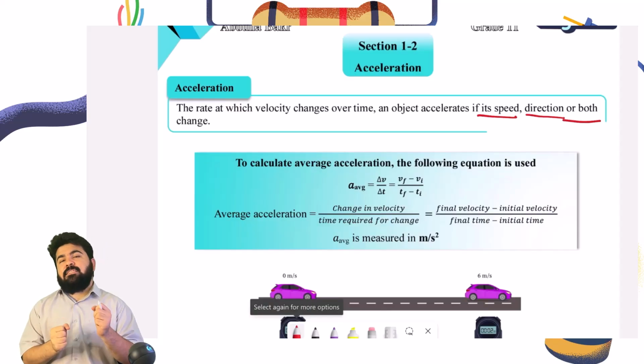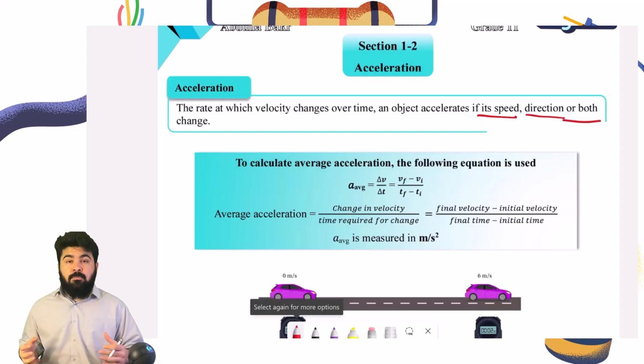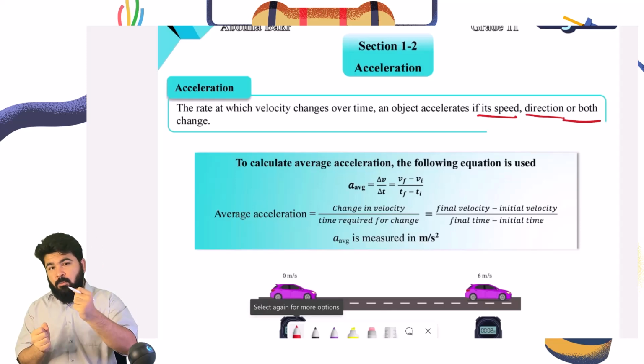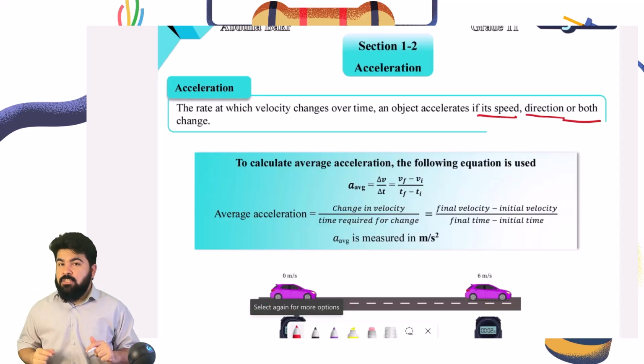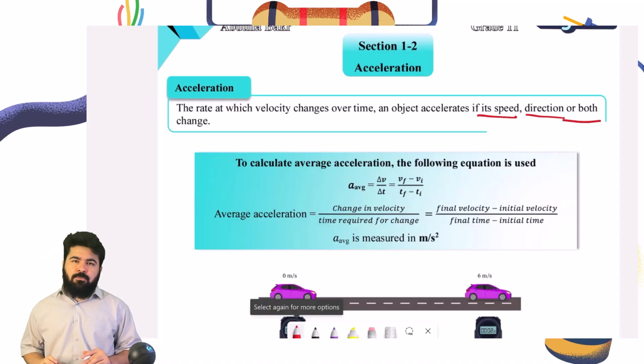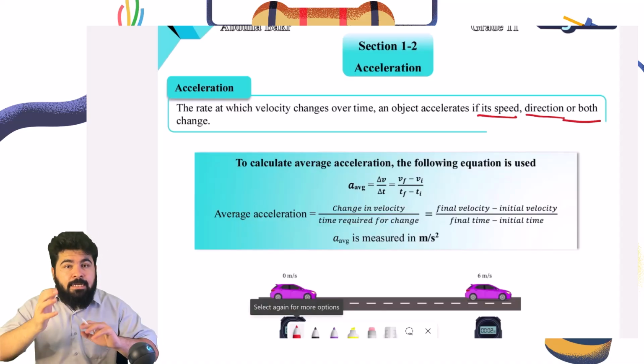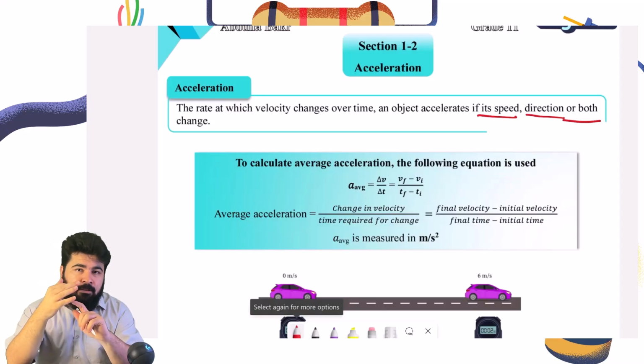Now, let's say this time you don't hit the brake, but you turn the car with the steering wheel. Did you change direction? Yes. Did acceleration take place? Yes, because you changed the direction. So let me remind you, acceleration can happen in three cases. If velocity changes, it doesn't matter if the speed of the object is going up or going down.